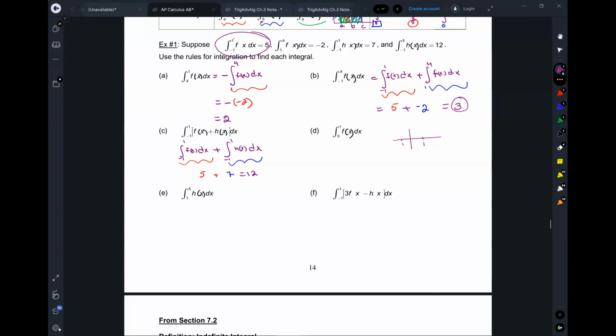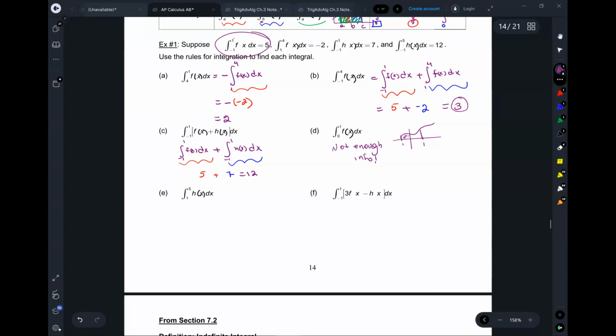But do I necessarily know how much the area from 0 to 1 is? I don't know that it's exactly half. That depends on what the function looks like. If the function looks like this, the area from here to here is not half of the other one, right? So for this one, we really don't have enough information.